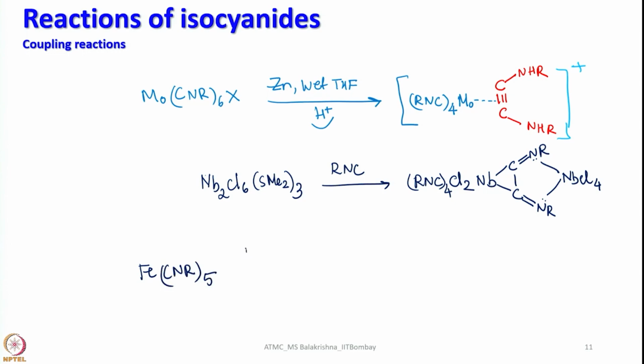Let us take this one and treat it with methyl iodide. This is another interesting example of this coupling reaction.